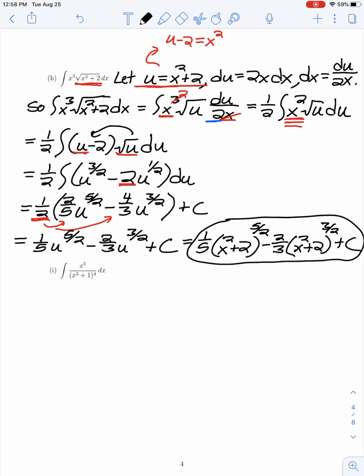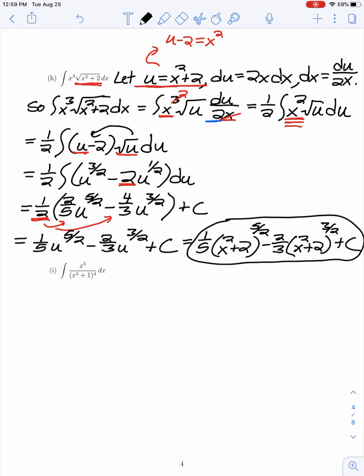So this would be our antiderivative of that function. This example, part H, is illustrating that even if you use a substitution, you might get stuck with some term involving x after you've made your substitution. In this case, we were stuck with an x squared term.